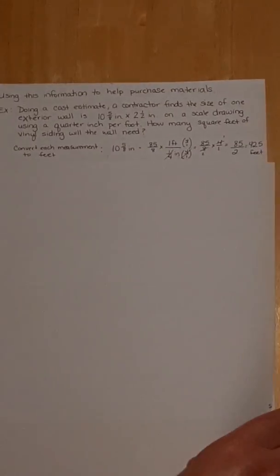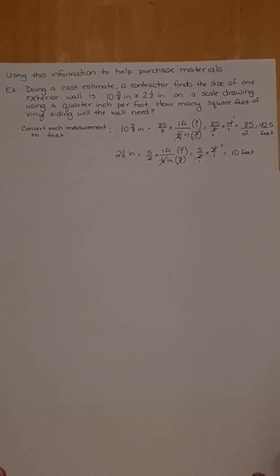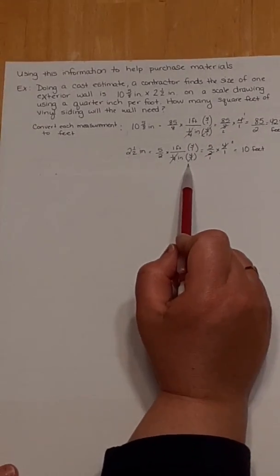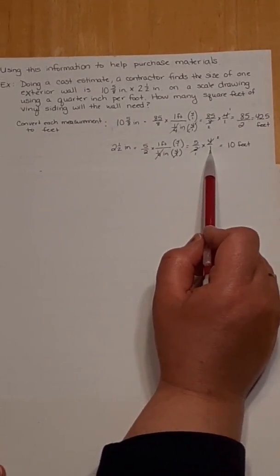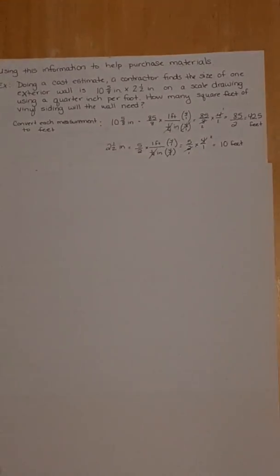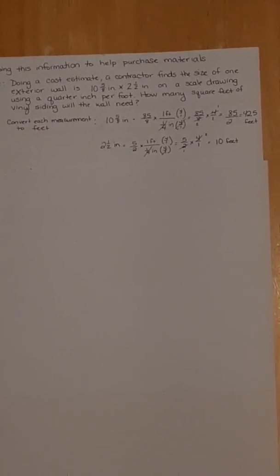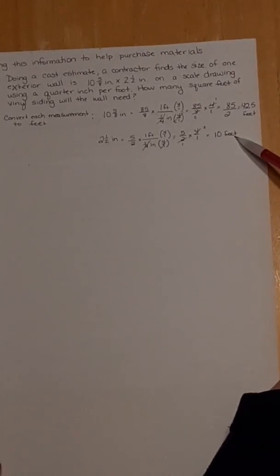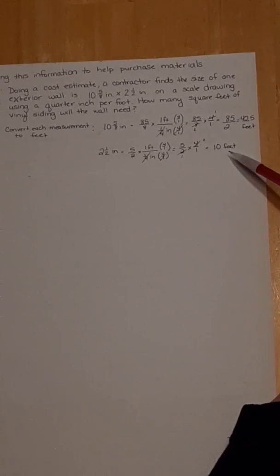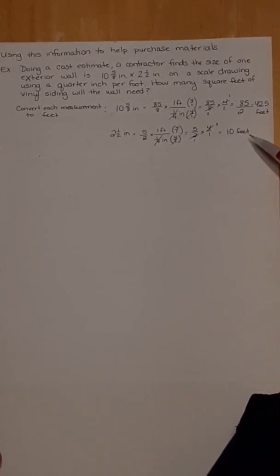Now I need to do the same with my 2 1/2 inch. You notice, same method, get rid of the fraction, multiply it out, and I end up with 10 feet. Okay, so now that I've converted these measurements, what do I do? These are real life size measurements, and so now I need to find the area of this wall.